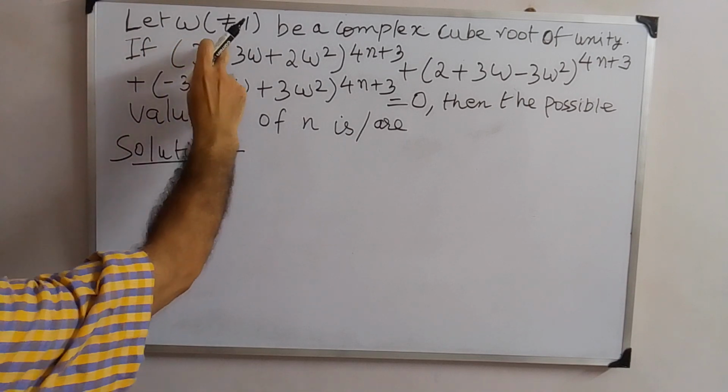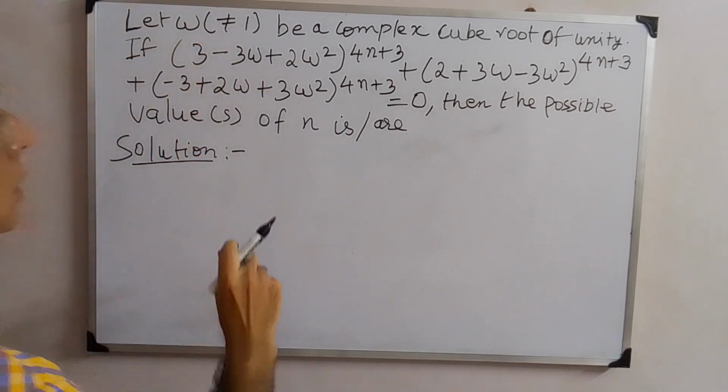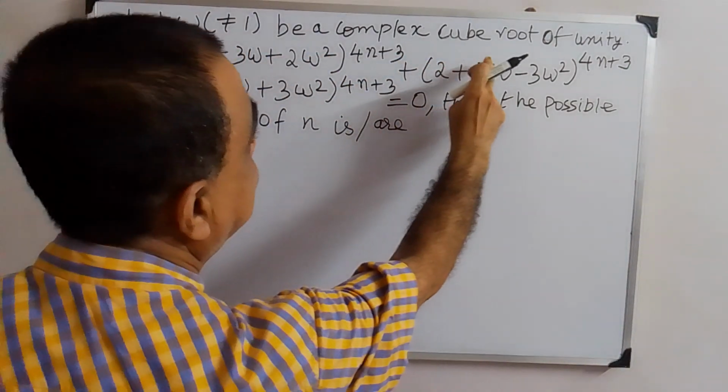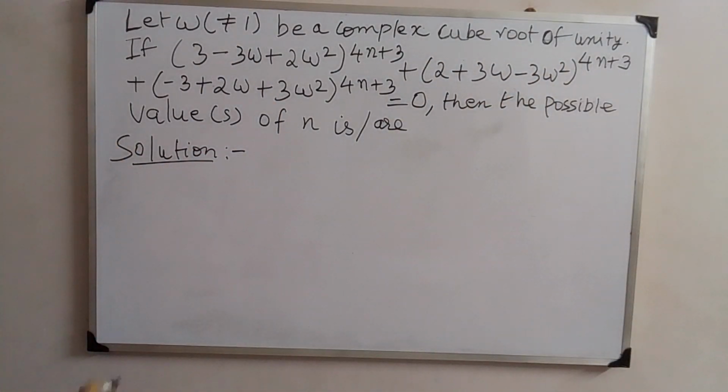Let omega, which is not equal to 1, be a complex cube root of unity.